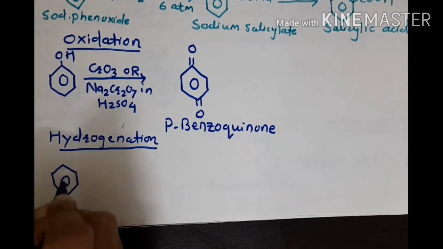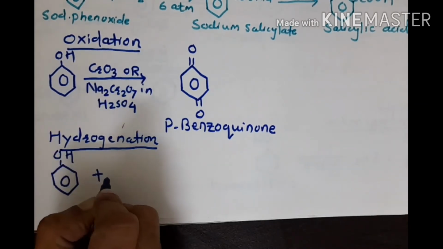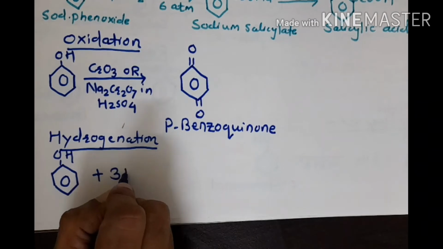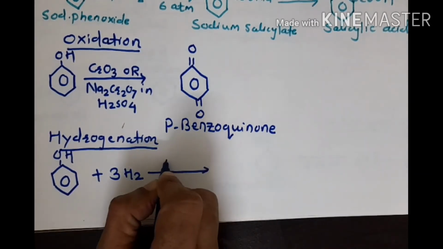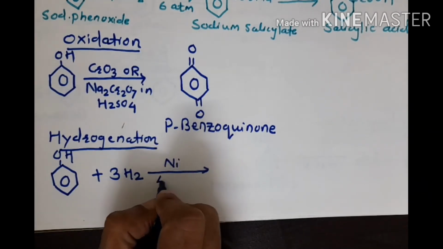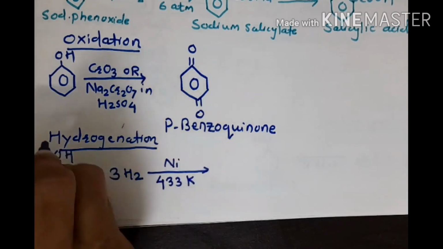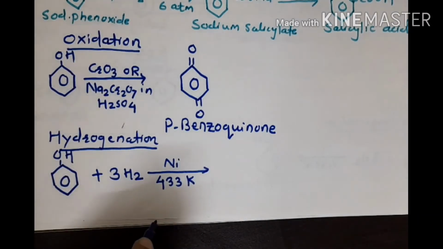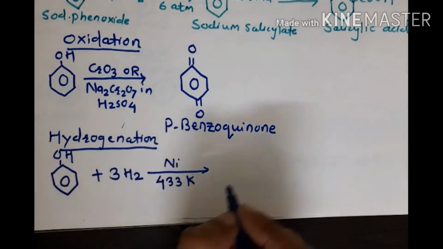This is your phenol. Hydrogen gas when passed through phenol in presence of nickel as catalyst at about 433 Kelvin, it undergoes hydrogenation. That means this hydrogen molecule gets added into phenol.